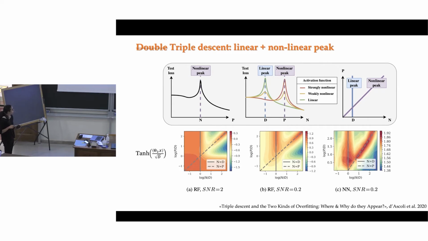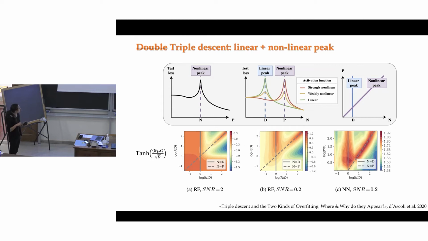When do you see both? You see both when the activation function of the hidden layer in the random feature model is nearly linear. For instance, tanh near the origin is linear, far from the origin is not. But this means it is linear with a good approximation, I mean, it has a non-trivial linear component.